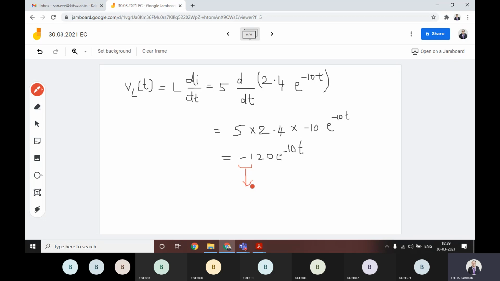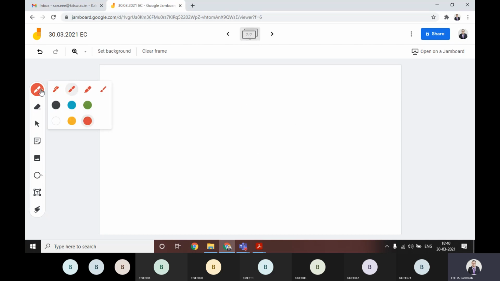Is it okay? Okay then. In case of RC circuit, we will see what happens. Same source free RC circuit if we are solving.